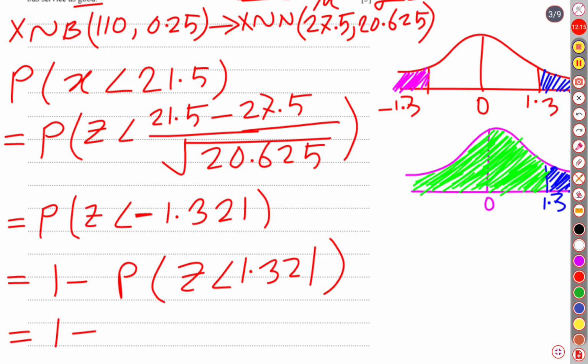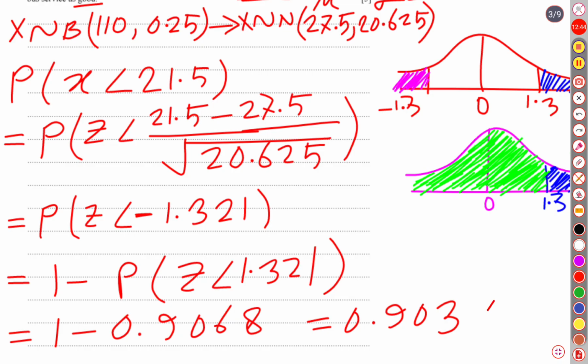The probability is going to be, for 1.321, 0.9066 plus 2, so it is 0.9068. So finally, what will our probability be? If we do the subtraction, it is going to be 0.90903. So this is the approximation of the given data.